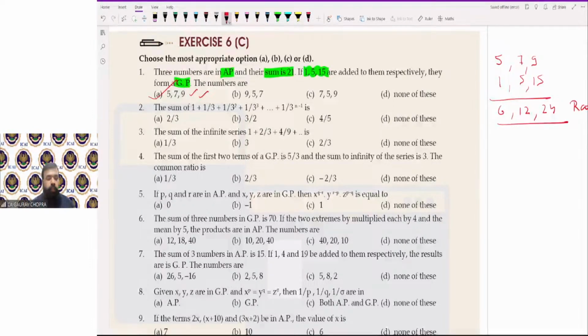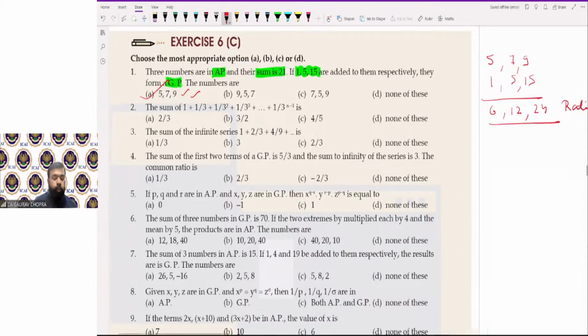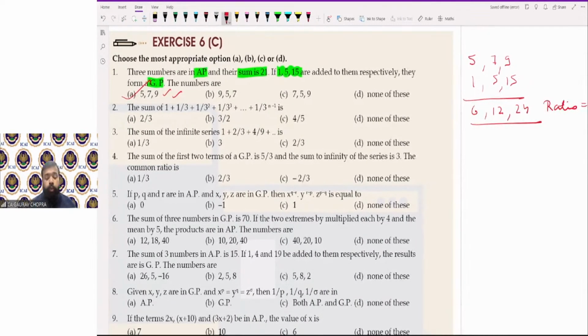Okay. Now the second one. Second, I think you can easily do it. 1/3, 1/3 square. There is a common ratio and according to the common ratio you can solve it. The third one is an infinite series. Let me do this once for you. Infinite series. So question number 3: 1, 2/3, then 4/9, and so on.